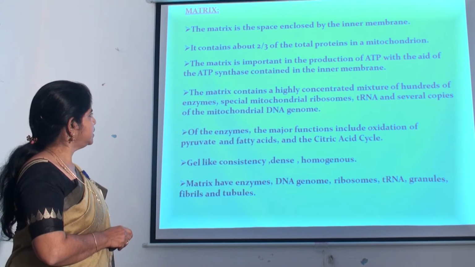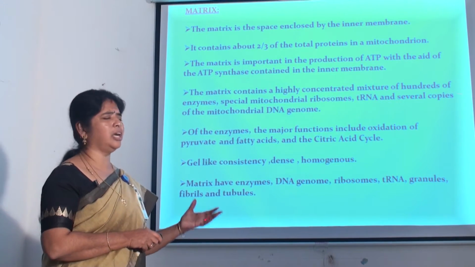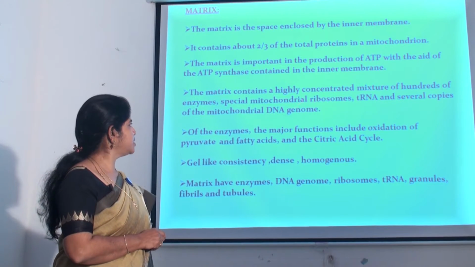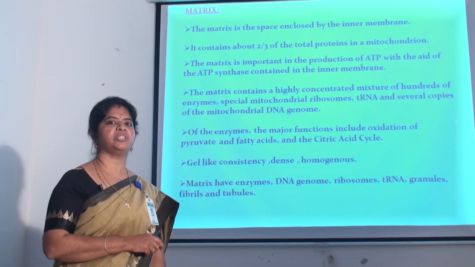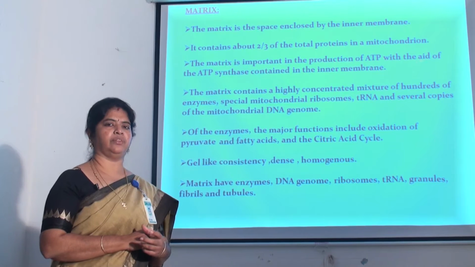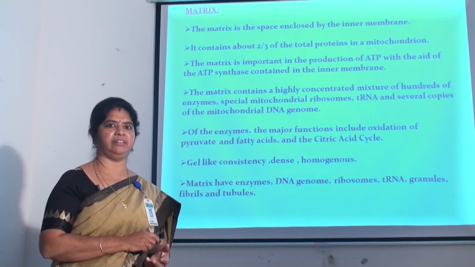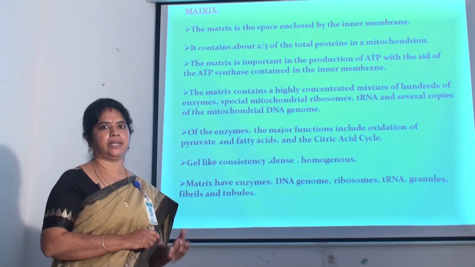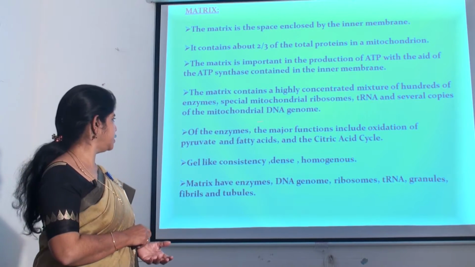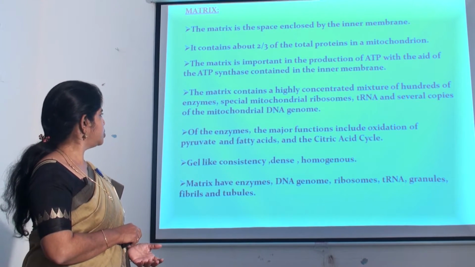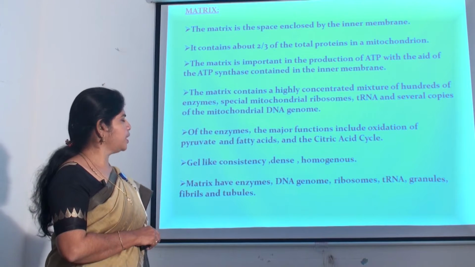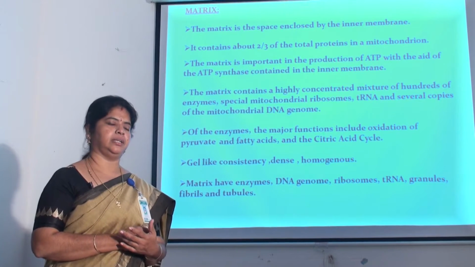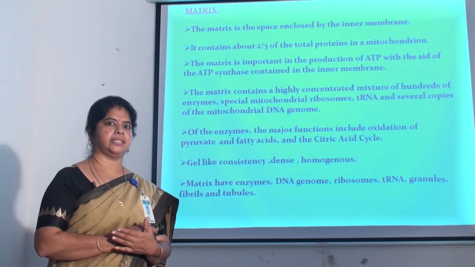It contains hundreds of enzymes and special mitochondrial ribosomes. A very unique feature of the mitochondria is that the mitochondrial DNA, RNA and ribosomes are present in this matrix only. And these are involved in the citric acid cycle, the Krebs or TCA cycle.